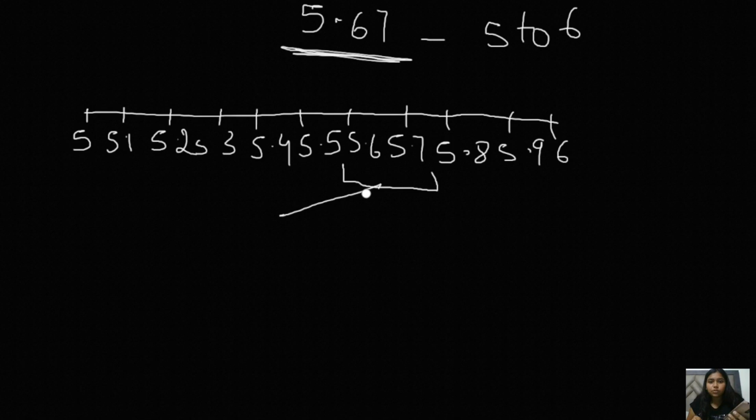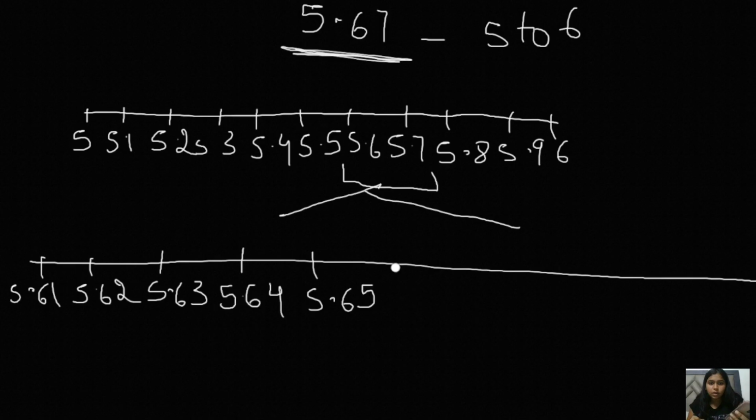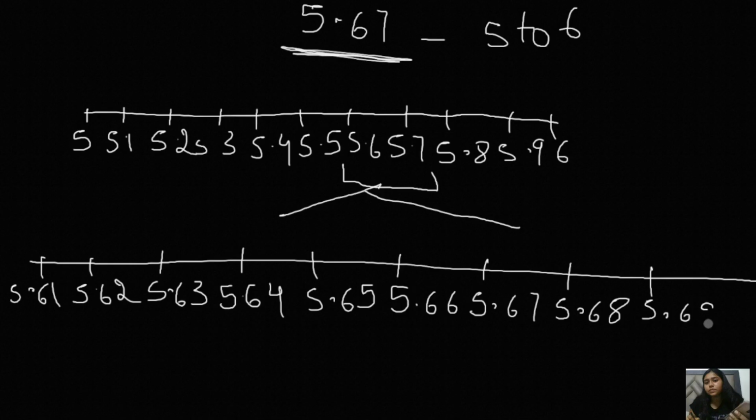So you just have to mark this and draw another number line showing 5.61, 5.62, 5.63, 5.64, 5.65, 5.66, 5.67, 5.68, 5.69, and finally 5.7.